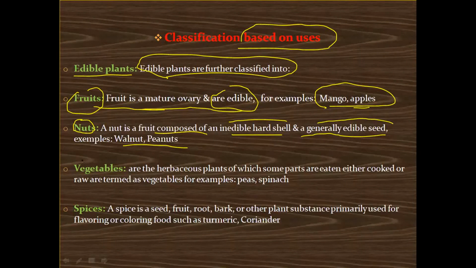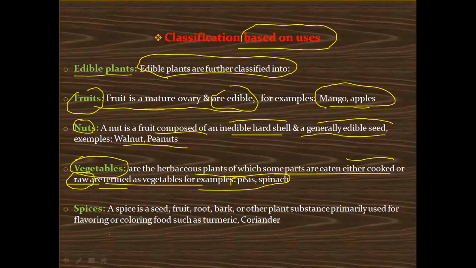The next one in the category of edible plants is vegetables. Vegetables are herbaceous plants of which some parts are eaten either cooked or raw, for example peas, spinach, etc. The next one is the spices.